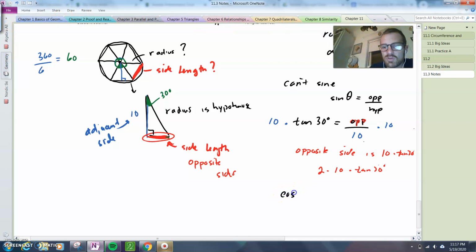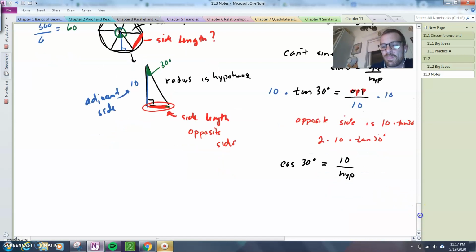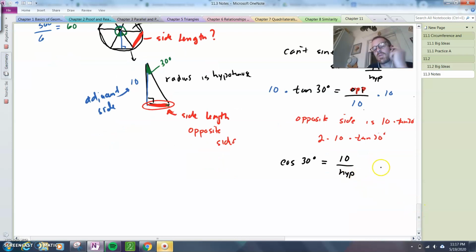I know that the cosine of 30 degrees is the adjacent over the hypotenuse. Well, in this case, the adjacent side is 10. I don't know the hypotenuse. What I would do to solve this, I could multiply both sides by the hypotenuse. So I'd have hypotenuse times cosine of 30 degrees.